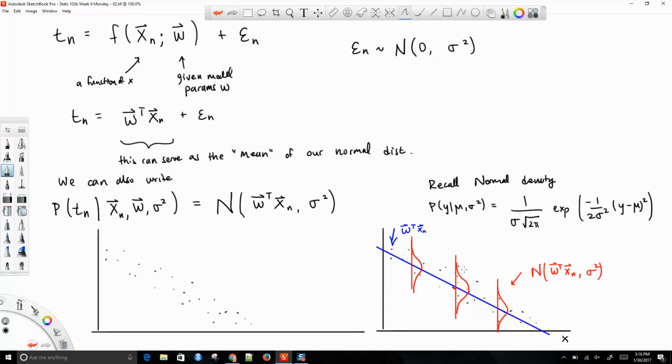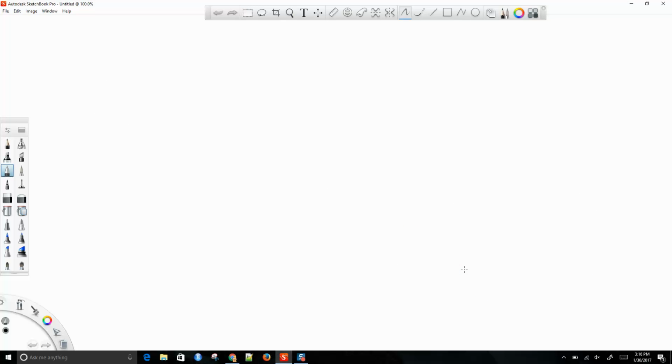So I'll use a numeric example coming from our textbook, where we're looking at Olympic race times, based on the year the Olympics were held.